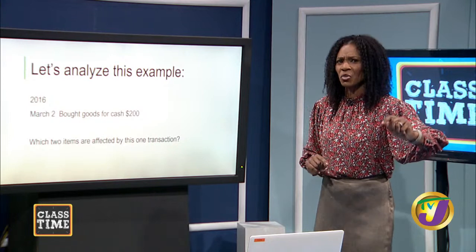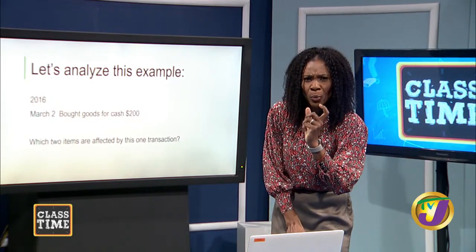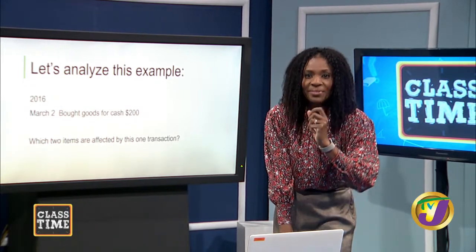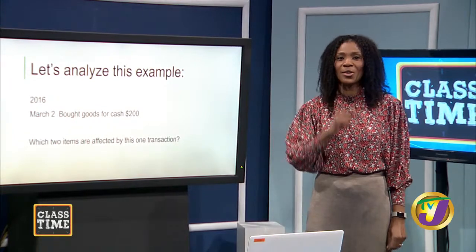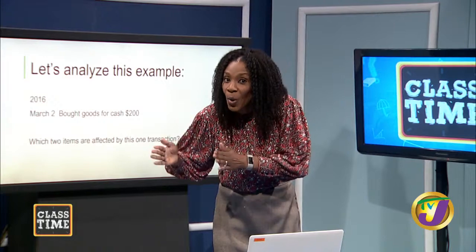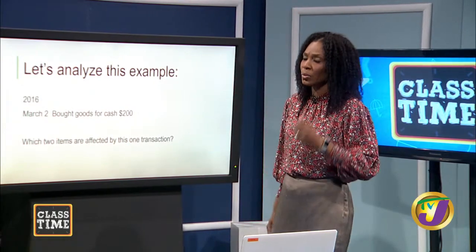Let's go back to the first response that I just got, goods. Tell me what happened with the goods here. Did we buy the goods? Of course, we bought the goods. So which account will we open to record this transaction? We will open up the purchases account. Very good.